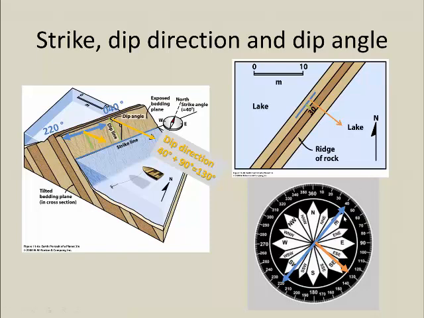But you need to pay attention. You cannot use that relationship uncritically, because if you add or subtract to the wrong ends of the strike lines, you might end up with the wrong dip direction. 40 degrees plus 90 is 130 degrees, but if you calculate 220 plus 90, you end up at 310 degrees, and that is not the dip direction of our plane.